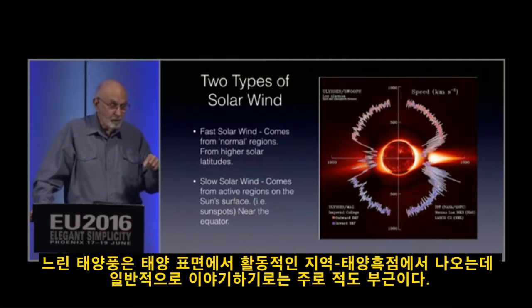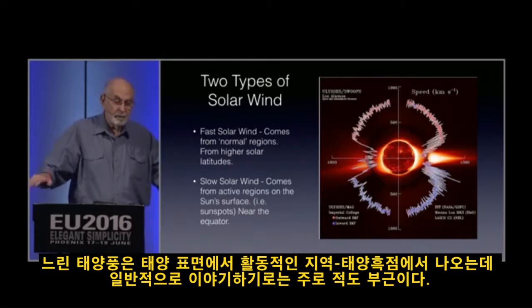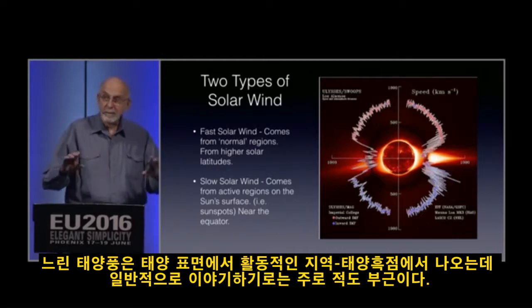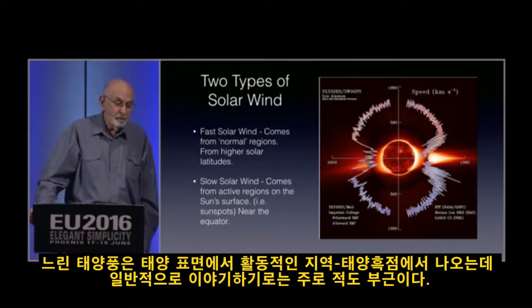The slow solar wind comes from active regions on the sun's surface. In other words, sunspots. Sunspots mainly wander all over the place, but they're very often generally in the, what you say, the tropical zone of the sun, near the equator.